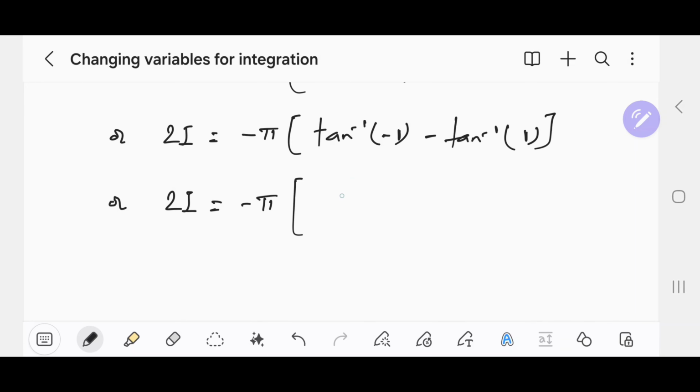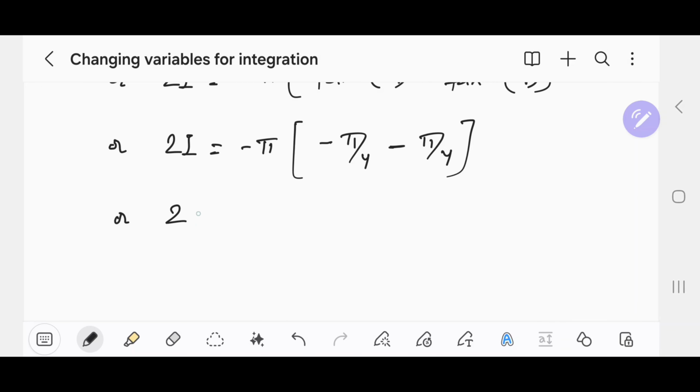Tan inverse minus 1 we can say is minus pi by 4, so minus tan inverse minus 1 is pi by 4. Tan inverse 1 is 45 degrees, that is pi by 4. Tan inverse minus 1 means it is minus 45 degrees. Okay?